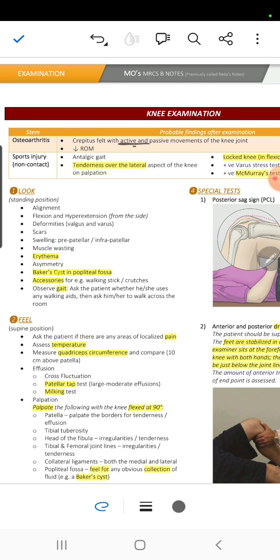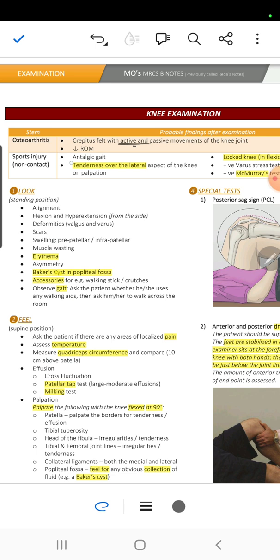Then we can have the sports injury case, like a young patient with a football injury or any contact injury, and most likely the case we get in the OSCE station is a meniscus injury along with an MCL or LCL injury, or it can be an ACL or PCL injury.